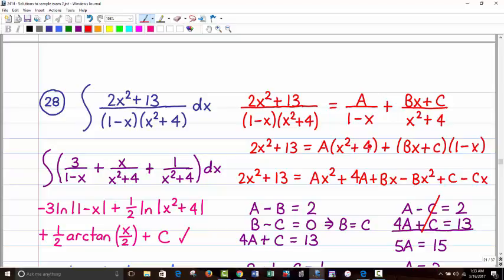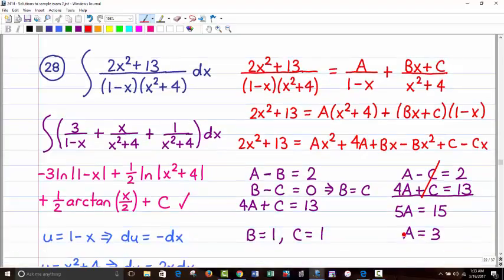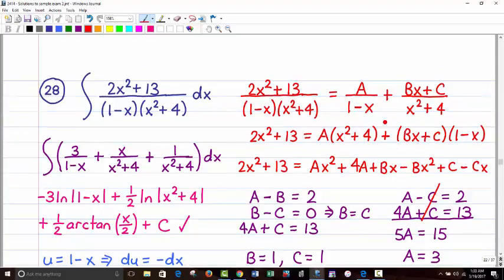So I would have gotten 1 plus 4 is 5a, 2 plus 13 is 15, 5a equals 15, a equals 3. That's what I get right down here too. But you can always switch methods. You can start out by eliminating and solving for one of them, and then doing it the way I did the last problem. But here I multiplied it, ax squared plus 4a, and then I FOILed this to get this result right here.